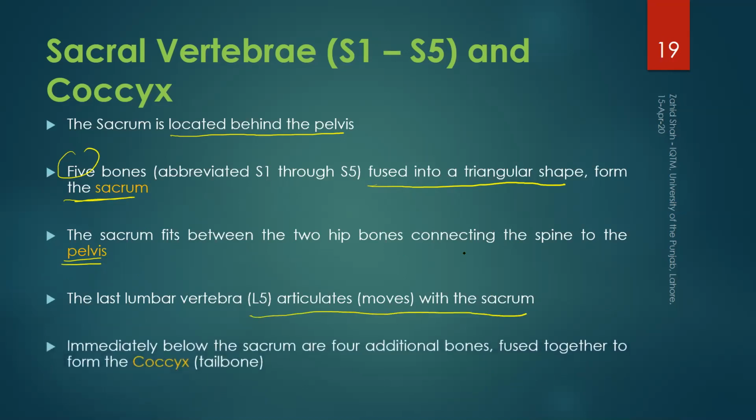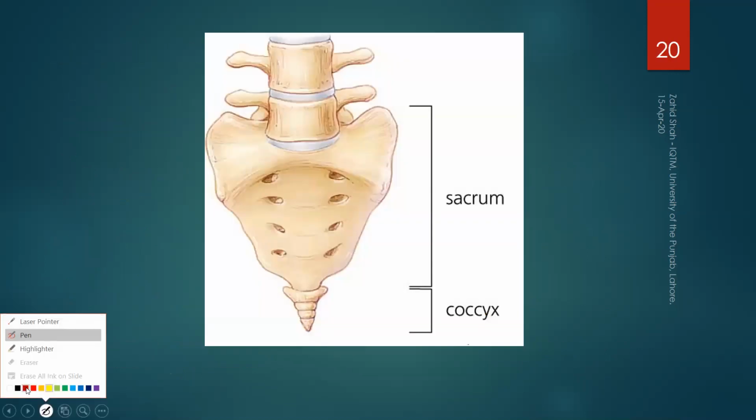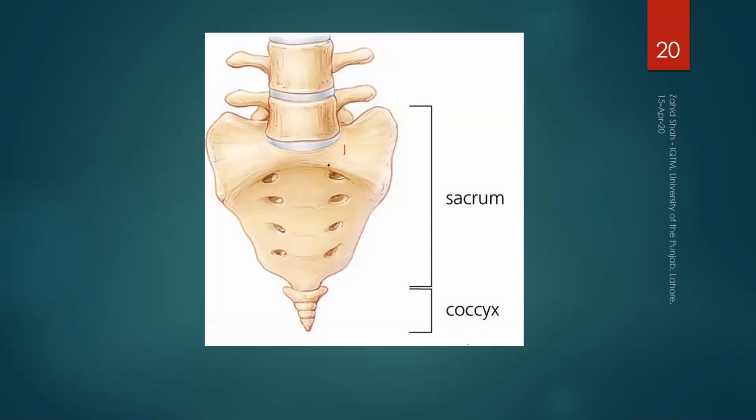And the last 4 bones are coccyx. So these are also fused together. So from this figure, these points will be clear that we have 1, 2, 3, 4, 5 sacral bones, they are fused together, and then we have 1, 2, 3, 4 coccyx bones fused together.